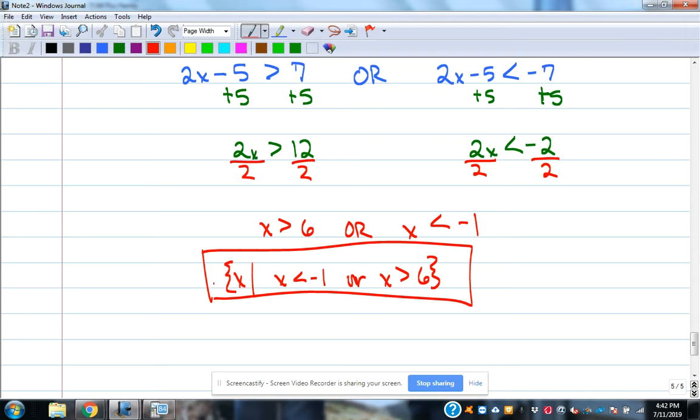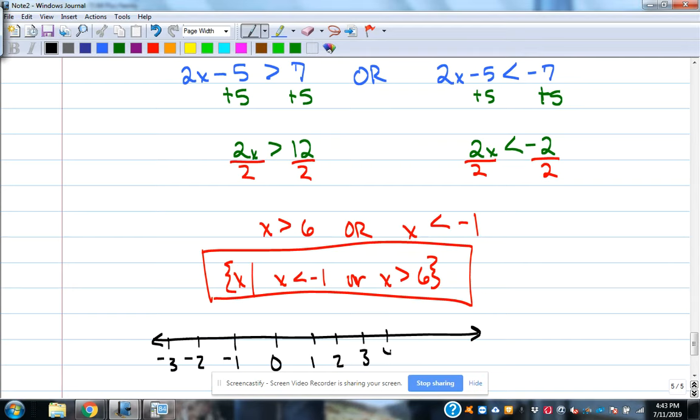So that's correct. We could also have the number line representation of this. So we could actually graph this on the number line, which is not hard to do. Draw yourself a number line. You just got to make sure those numbers are on there. So I'm going to put -1 here, -2, -3, 0, 1, 2, 3, 4, 5, 6. And just make sure there's maybe a number after that at least. And then graph those inequalities.